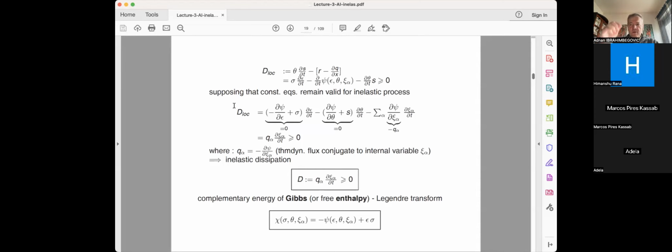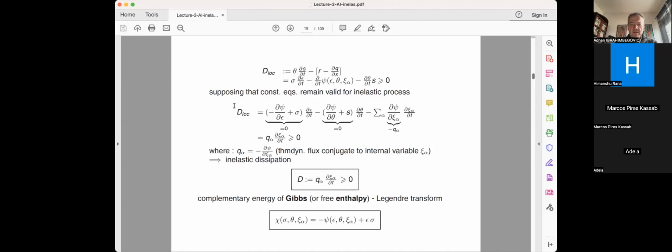Good. So we said that the dissipation, which is the key point, is defined as the time evolution of the internal variable, which has to be defined with respect to the type of phenomena we're trying to capture in terms of inelastic behavior, and the conjugate flux, which is computed as the partial derivative of the free energy with respect to these internal variables.